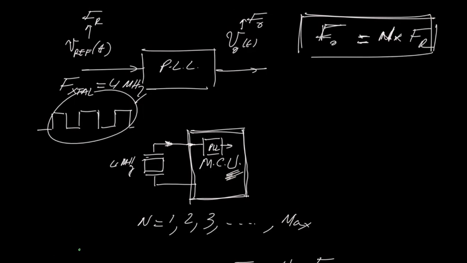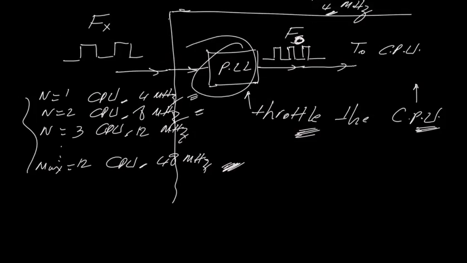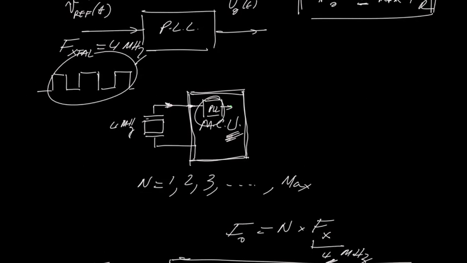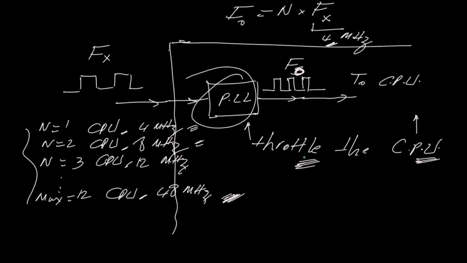It's very simple up to a point, and it shows you what we can do with the PLL. In fact, all modern microcontrollers have a crystal going into a PLL before we send this square waveform to our CPU. This allows us to control how fast the CPU goes, and by controlling how fast the CPU goes, we control how much power it consumes per unit of time.